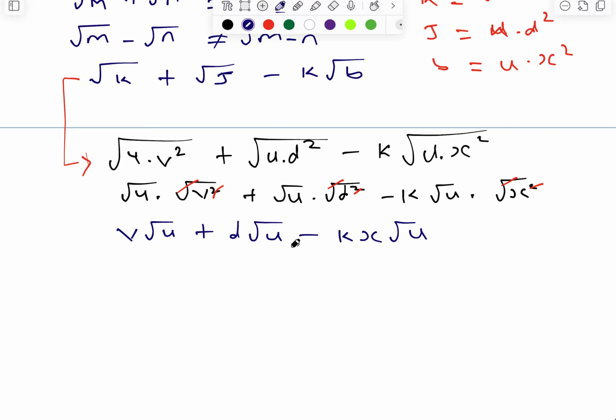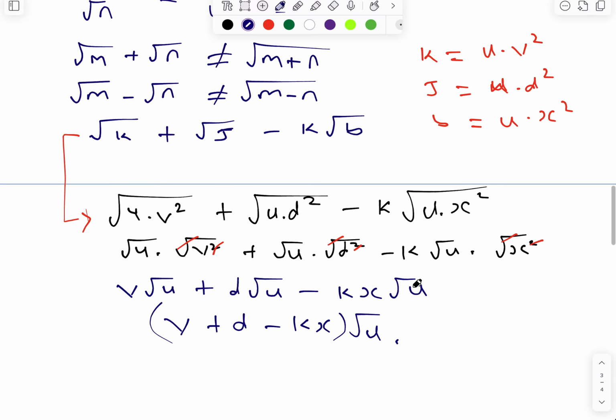So now that you see that all of them have the same root, therefore you can factorize the u out and just have v plus d minus kx multiplied by square root of u. So that's how you deal with cases where you have addition and subtraction. They have different things under the roots, but at the same time, you can easily express them as a common root. And that's like another thing about surd.